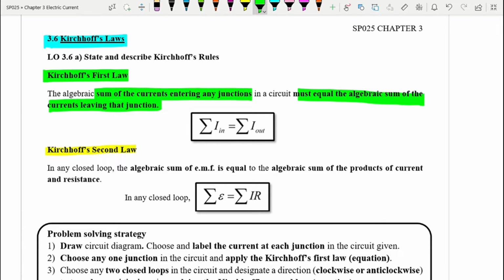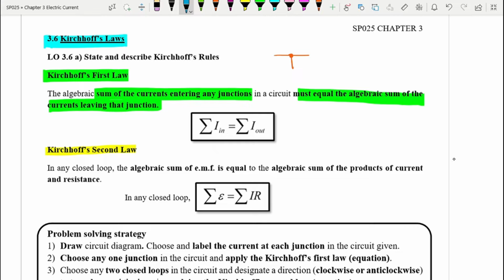Imagine you have a complete circuit, maybe consisting of series and parallel circuits. You will see there must be some junction in that circuit, and you can choose any junction.